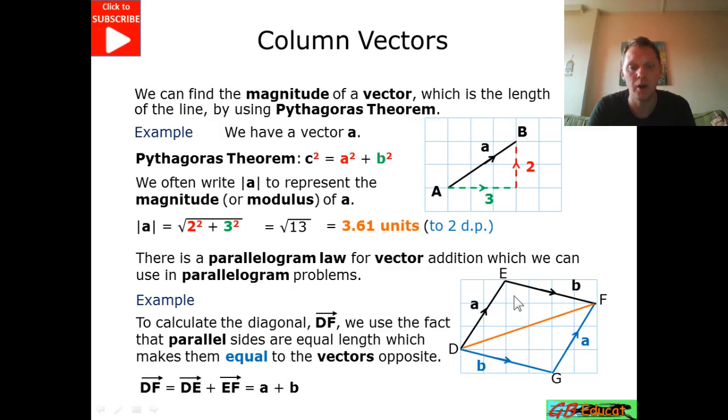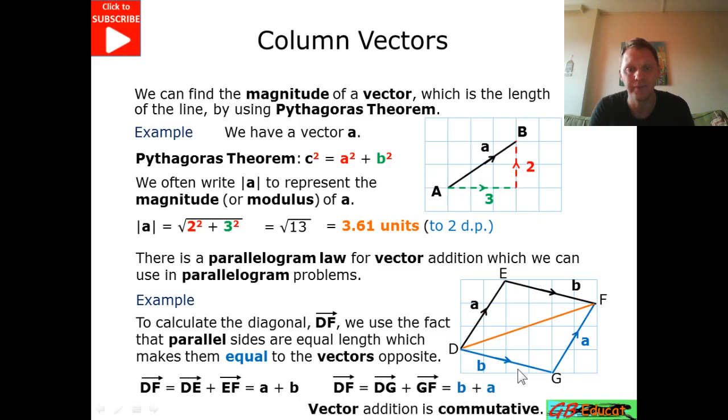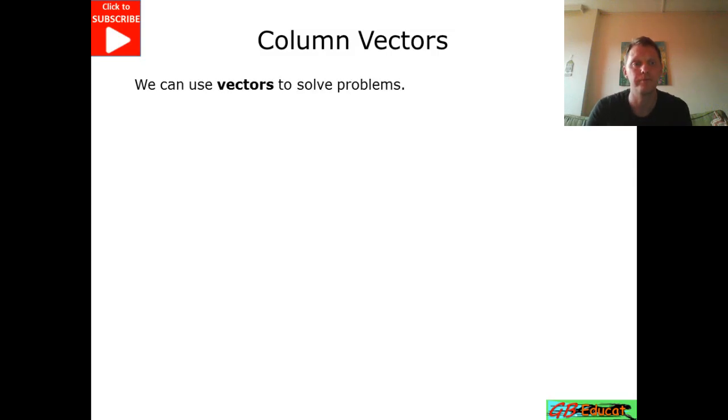So I can label the opposites as A and the opposites as B. Because when we're talking about addition, addition is commutative, in which case it doesn't matter what order we do addition in, it still works. So with this we can go A plus B, or we can go B plus A. It gives us the exact same outcome.